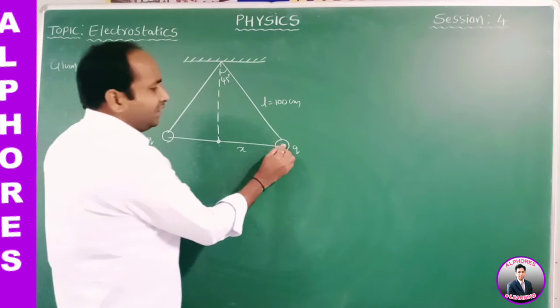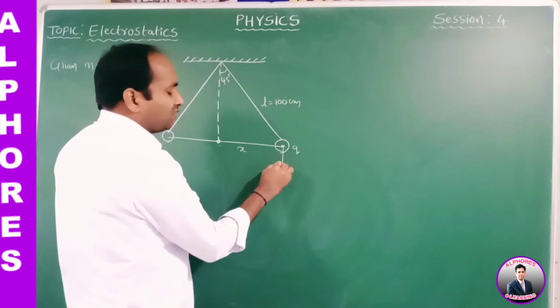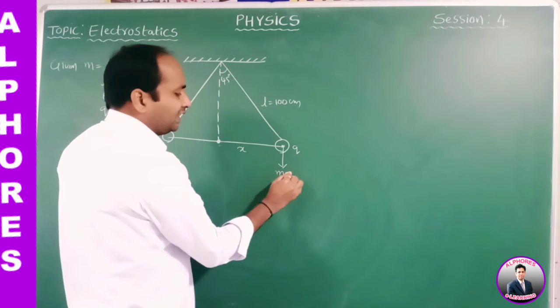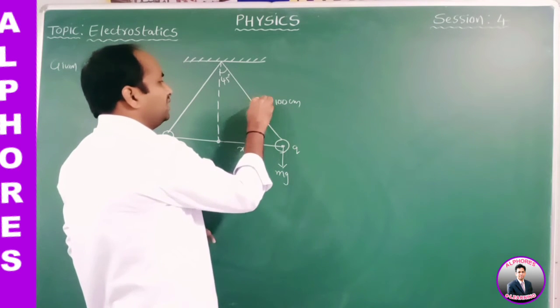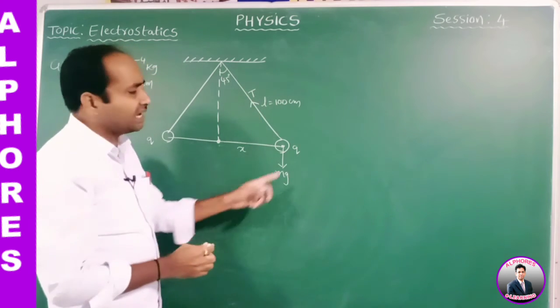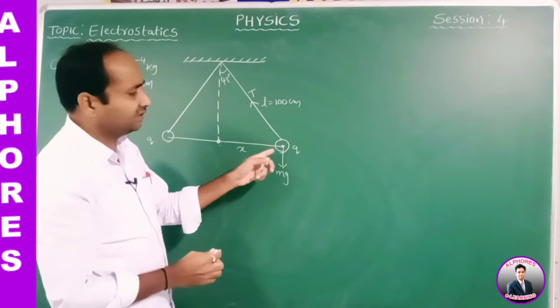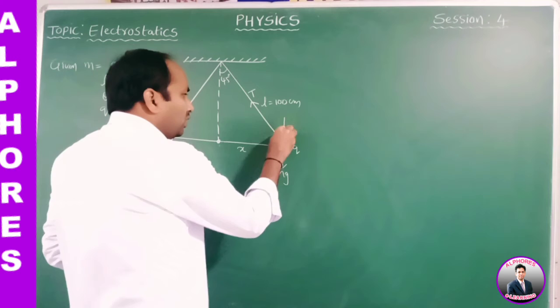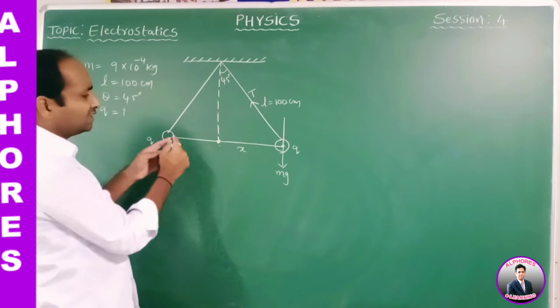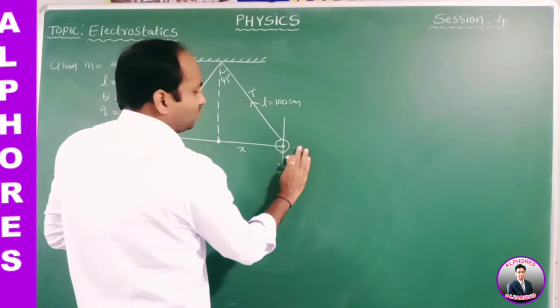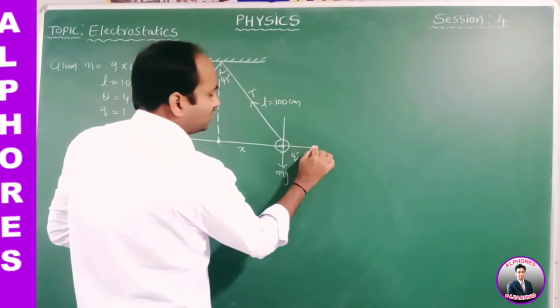If m is the mass of the sphere, mg acts vertically downwards, and the tension in the string acts along the length of the string. Now, since the two spheres are given identical charge, they repel each other. So the electrostatic force acts along this direction.